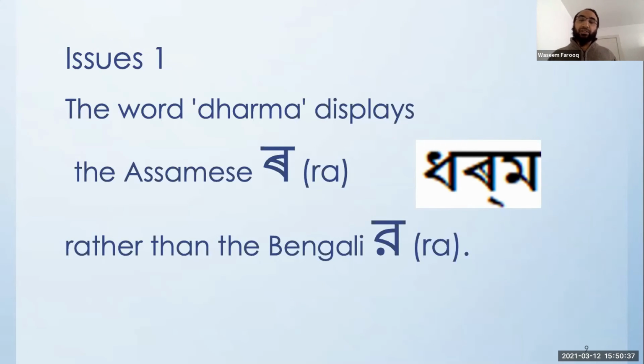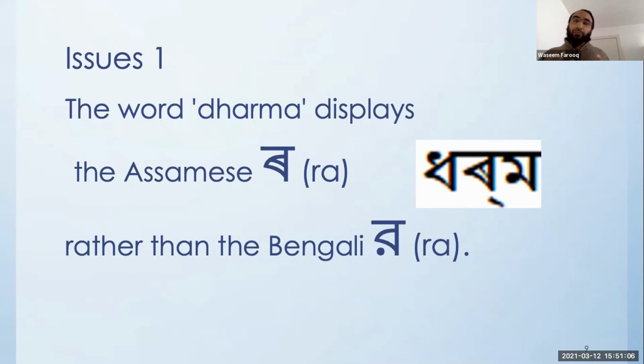is not the Bengali Ra letter, but the Assamese one. So you can see in the image in the middle, the Assamese Ra is displayed rather than the Bengali one. But that wasn't an issue, the word was correct.